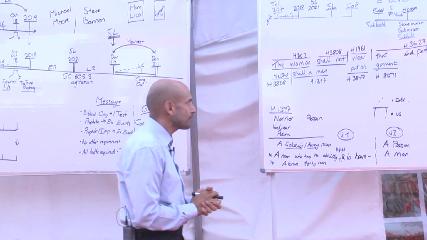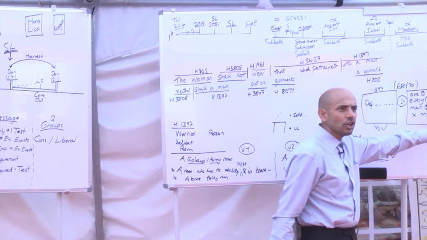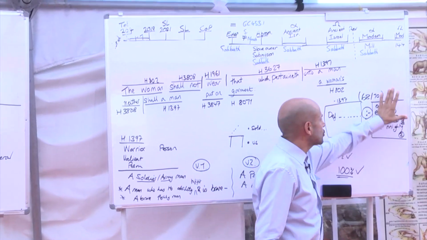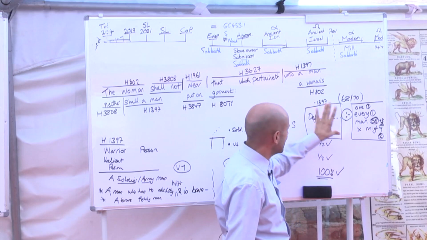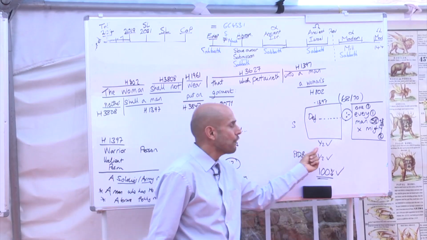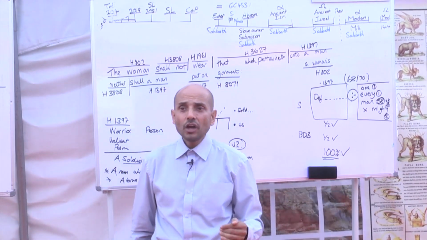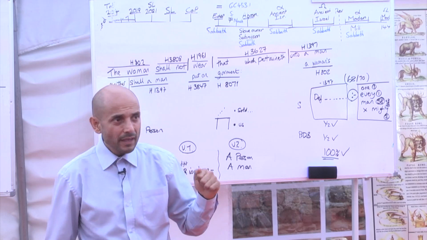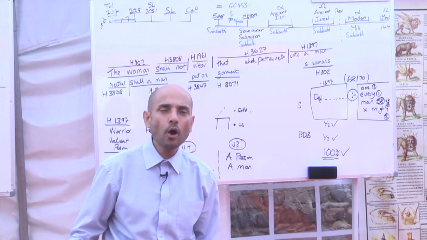Let's summarize. We got all the Hebrew words. We went through Strong's and showed how to use Strong's. Don't worry too much about this bit after the colon and the dash. This is the definition. We trust Strong's halfway. We're going to get additional help because we're ignorant and we don't have a lot of money, and even if we had a lot of money, it probably wouldn't help us.